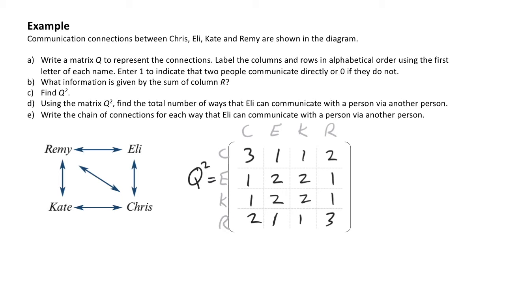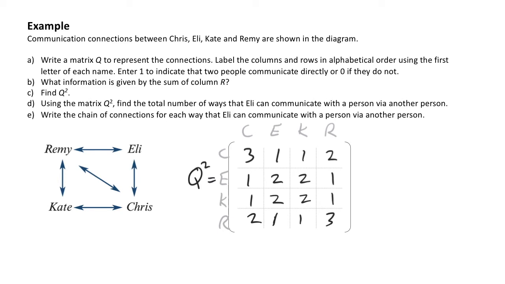Now, when we are dealing with adjacency matrices, when we are squaring the original matrix, what we are seeing is the total number of paths between the 2 objects if we are going through another object. So not going directly, but going via one other object, or in this case, one other person.